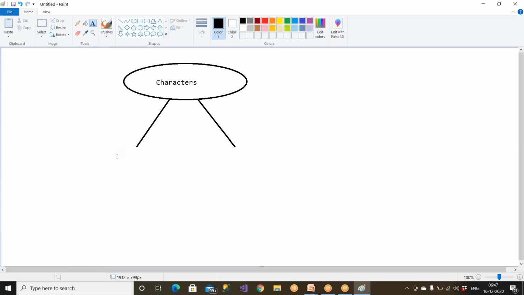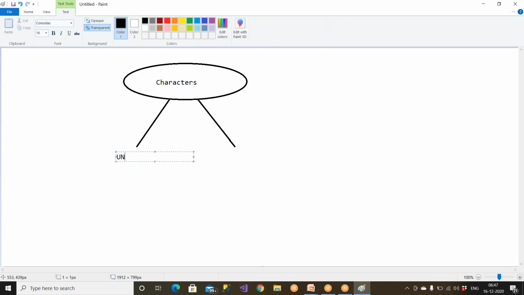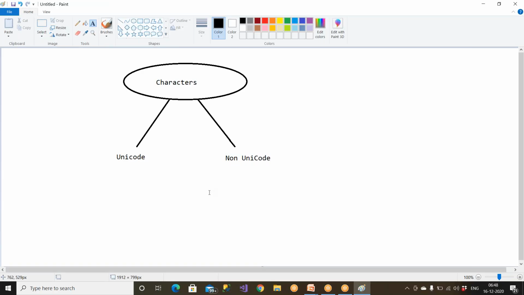One is called Unicode data, Unicode characters. The second one is called non-Unicode characters. So these are the two types of characters available in this world. One is called Unicode data. The second one is called non-Unicode data.